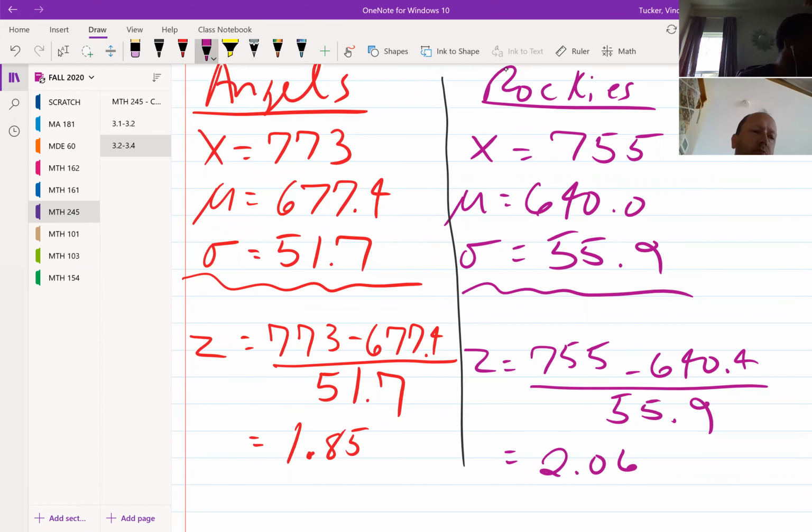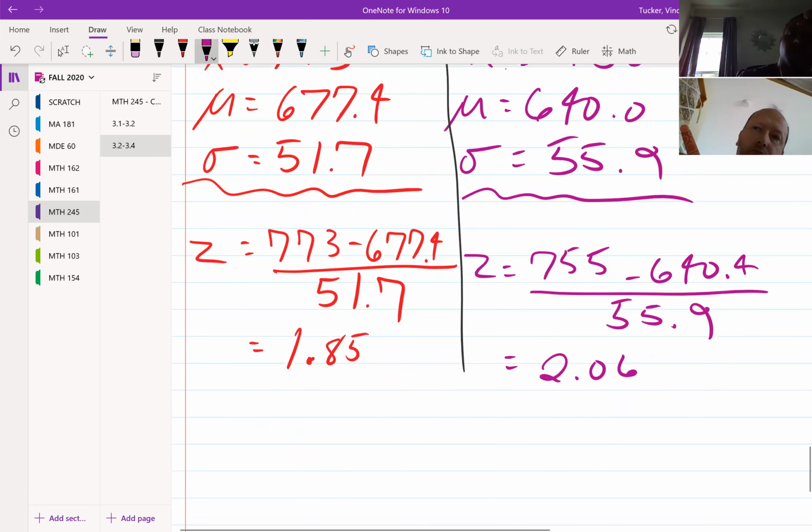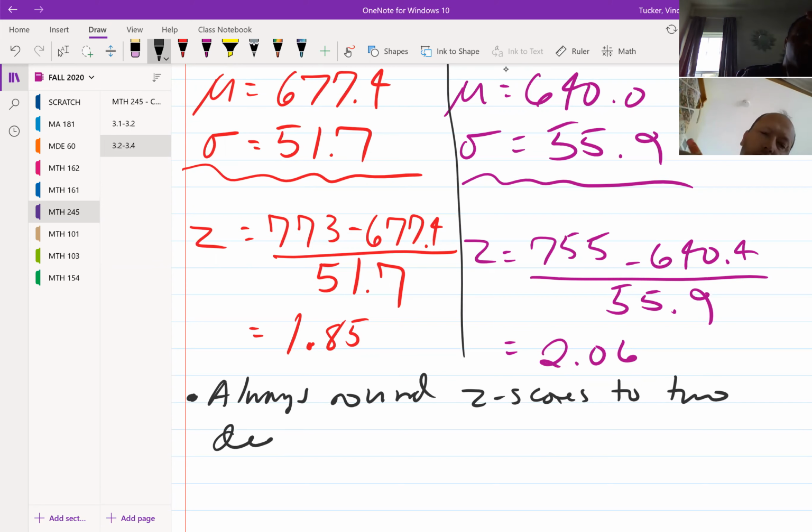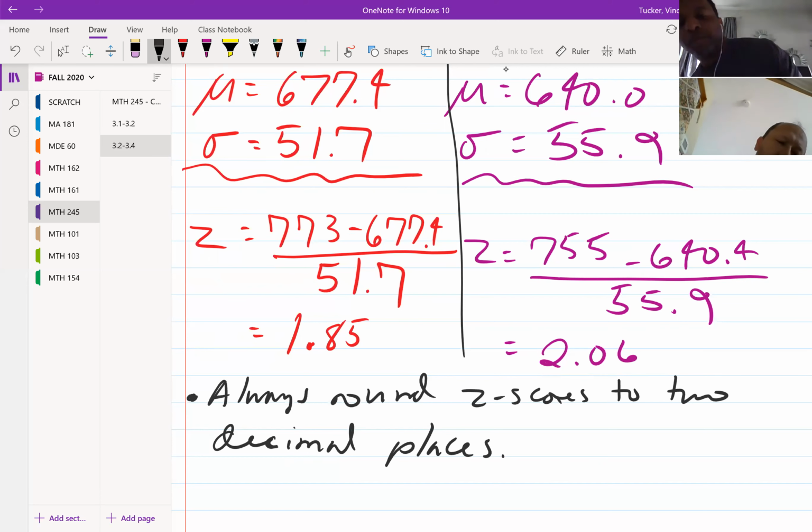That should be 2.06. Also, it's going to matter later. We always want to round our z-scores to 2 decimal places.